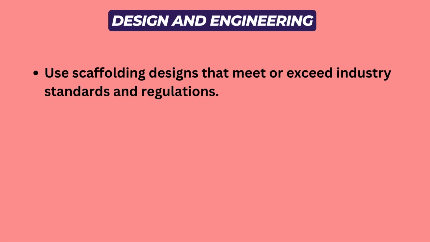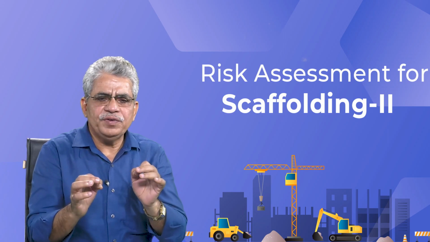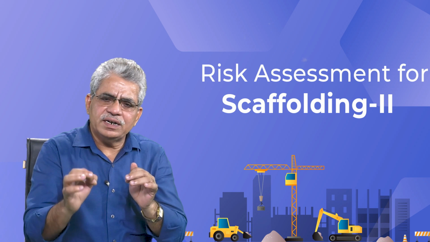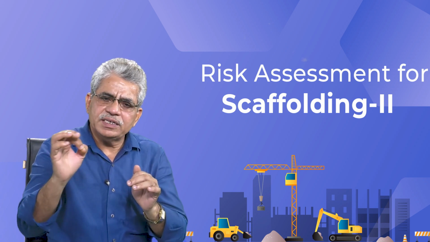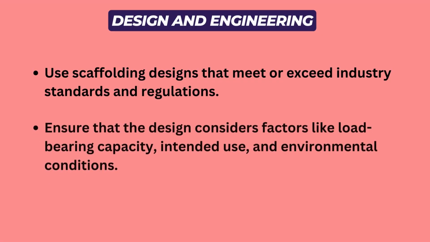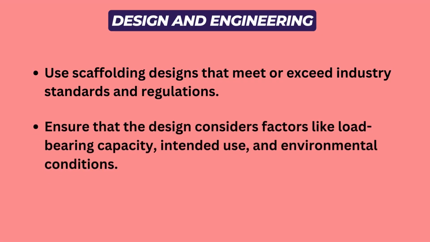Design and engineering. Use scaffolding designs that meet or exceed industry standards and regulations, because if we are following the standards and regulations, then it means we are designing a safe scaffolding. Ensure that the design considers factors like load bearing capacity, intended use and environmental conditions.